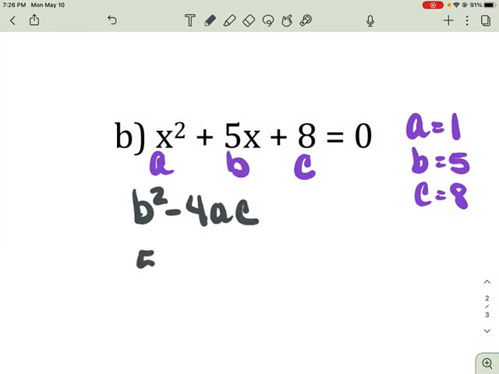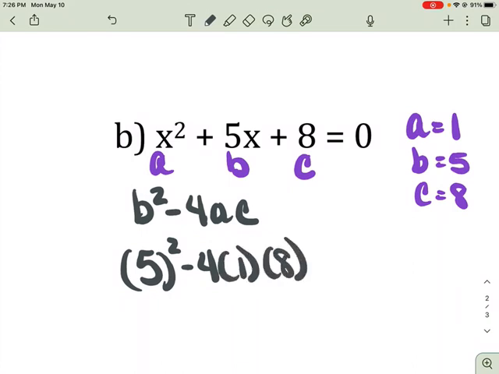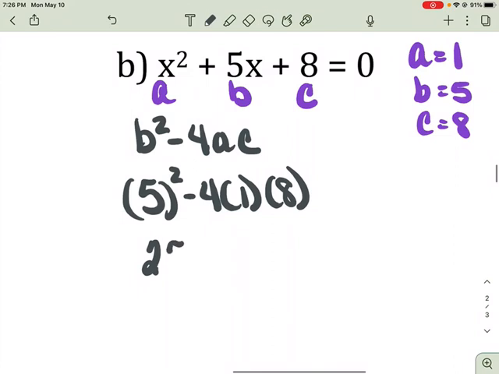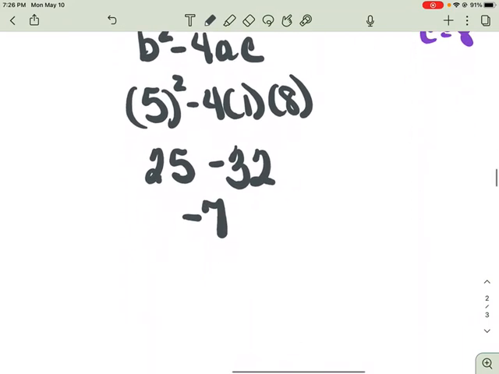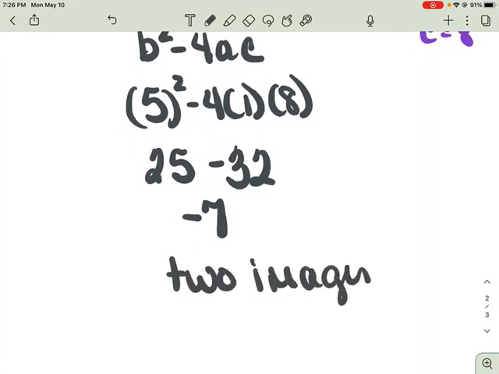So 5 squared minus 4, a is 1, c is 8. So this is going to be 25 minus 32. So I believe that's negative 7. Okay, so it's negative, which means that we have two imaginary, or i's, solutions.